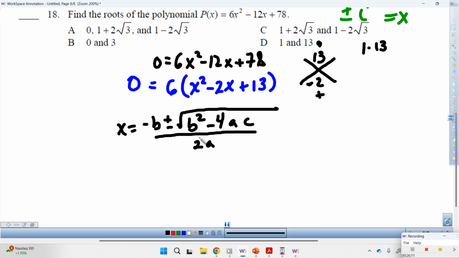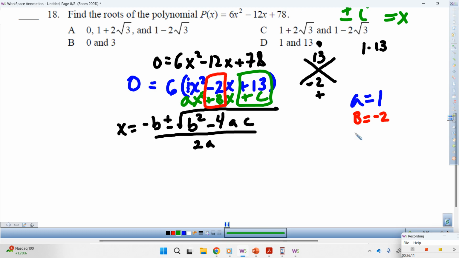I'm going to write it in green so you guys can see it completely. Underneath here, the standard form, ax squared plus bx plus c. Start off with a. What is a? An invisible 1. So a is 1. What is b? b is negative 2. And what is c? c is 13.